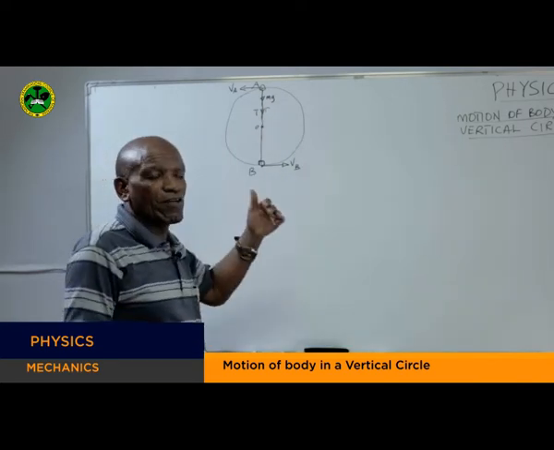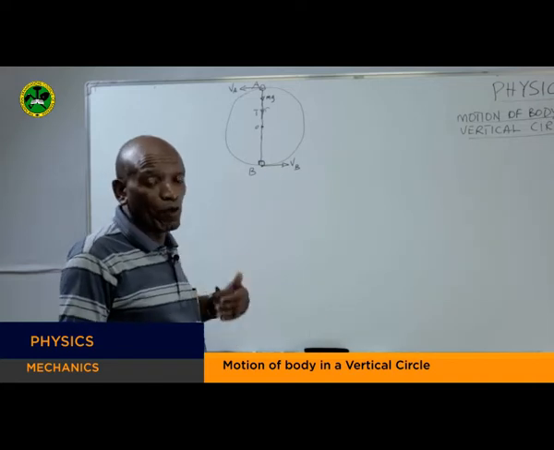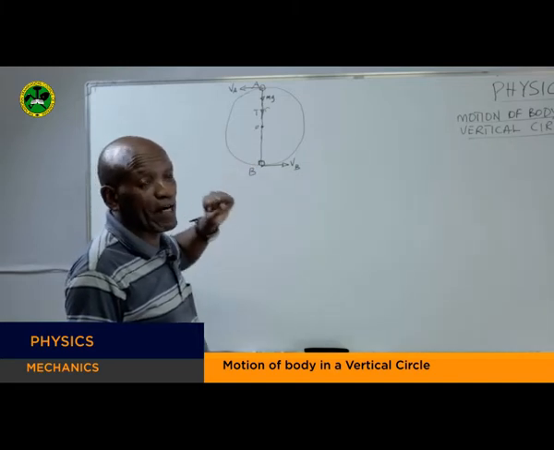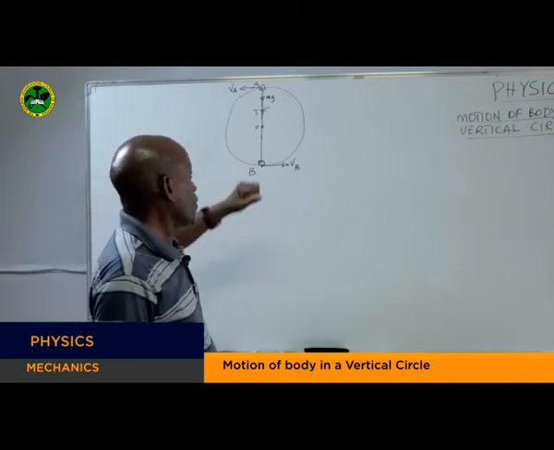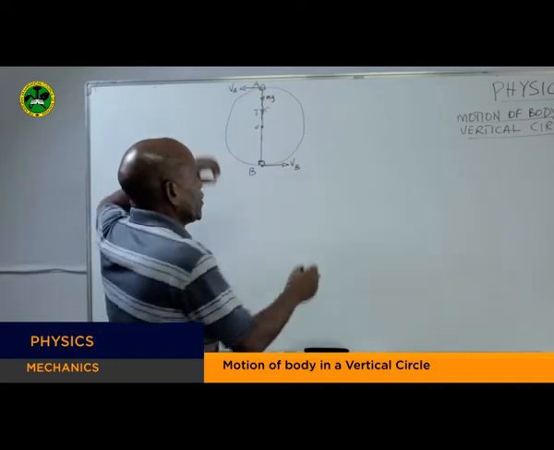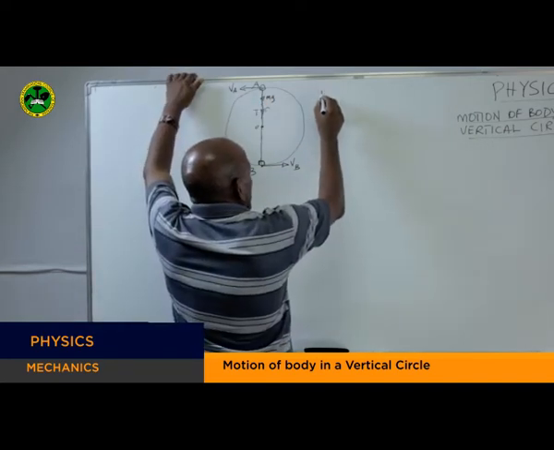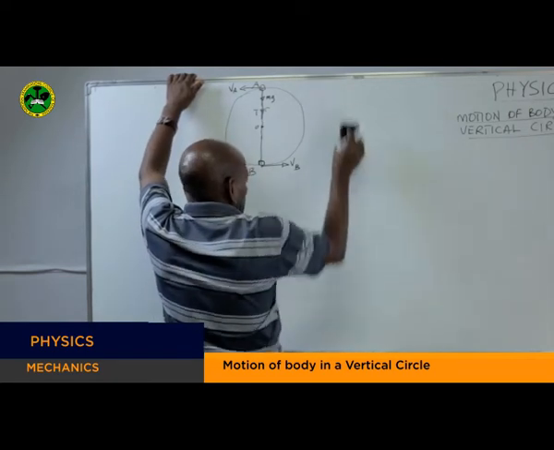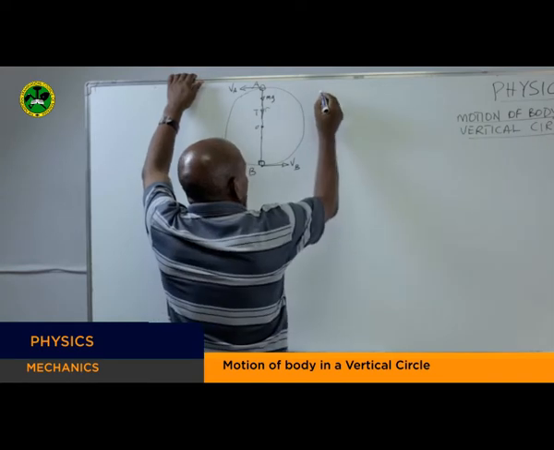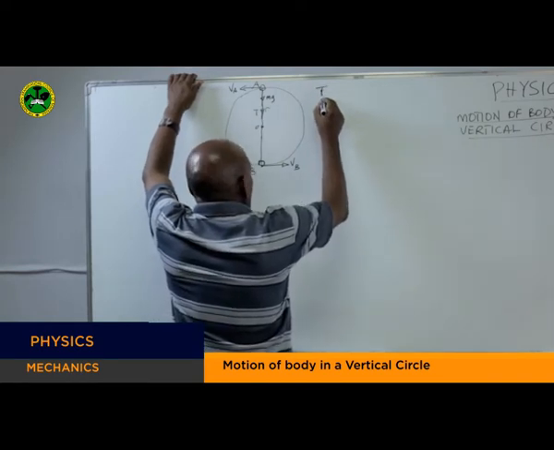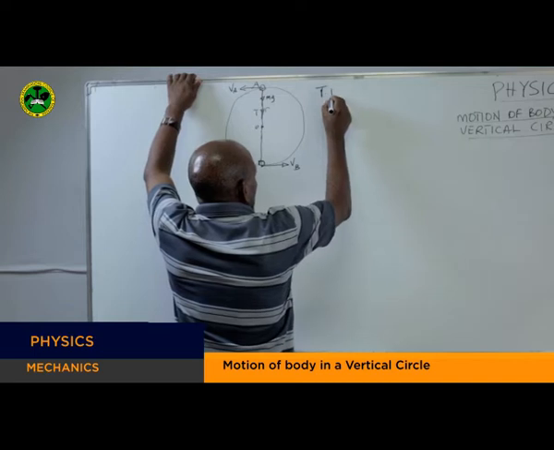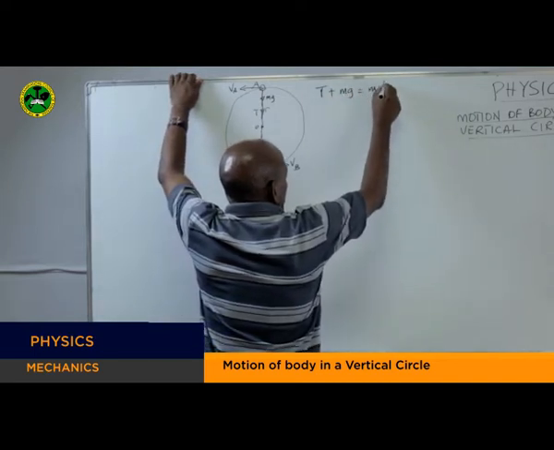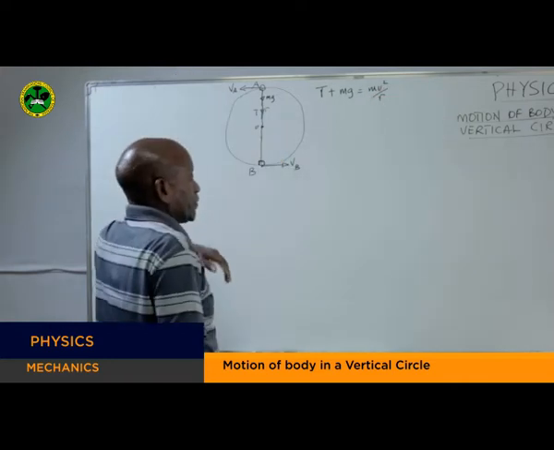For looping the loop to be successful, the force providing the centripetal force is T plus mg, which is equal to mv squared over r.